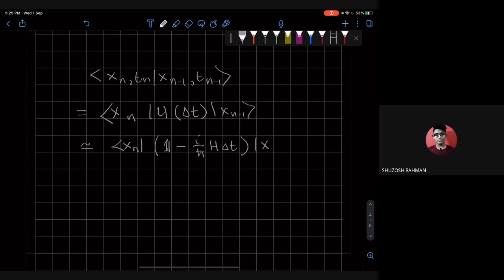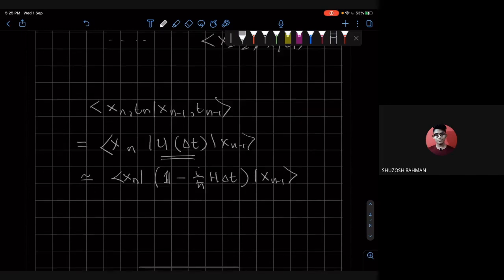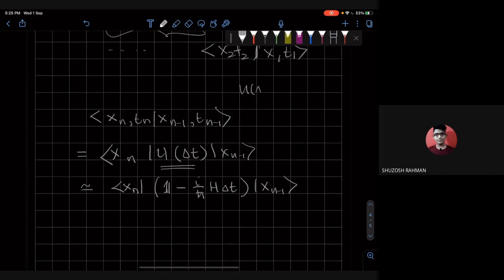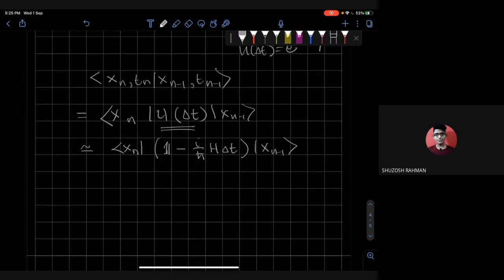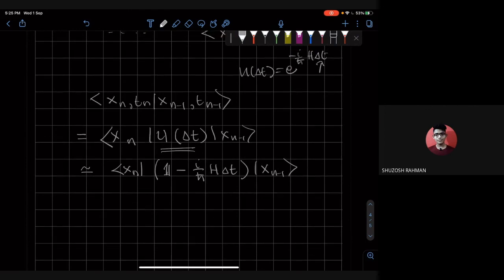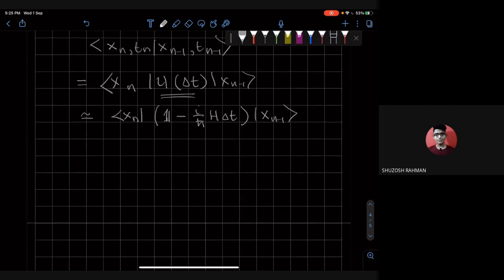Because U is an exponential, and when this is small, we can just keep the leading term in the power series, the leading order in delta t. Okay, is this clear what I've done here?